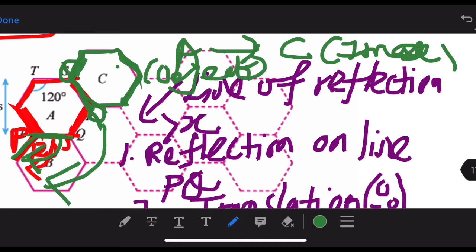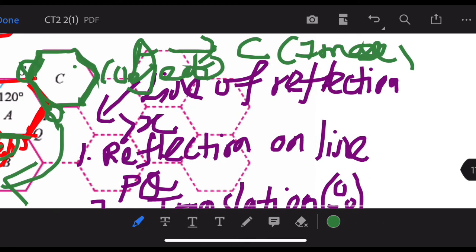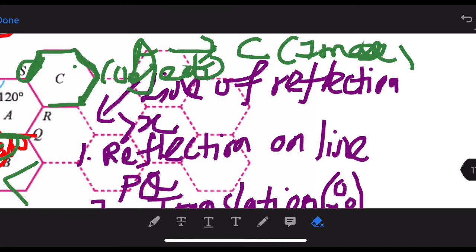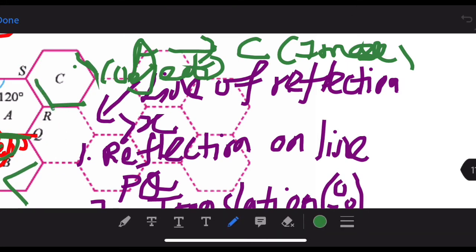So we will do refraction for sure, and the line of refraction will be the line I just mentioned, SR. So refraction on the line SR. That is one answer.